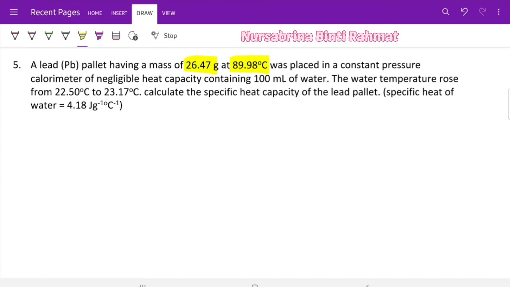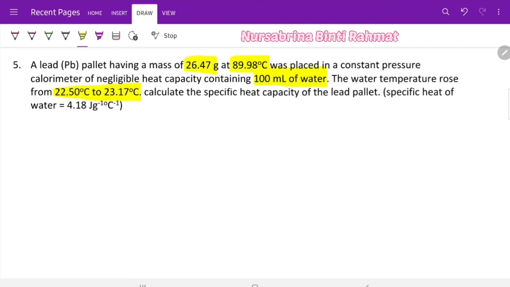So even though it's being placed in the calorimeter, it is not included in the calculations of heat. We're going to ignore the heat capacity of your calorimeter, containing 100 milliliters of water. So the water temperature rose from 22.50 to 23.70 degrees Celsius.